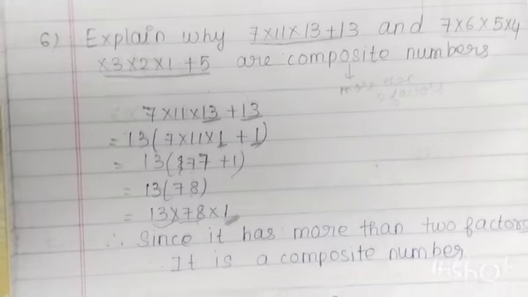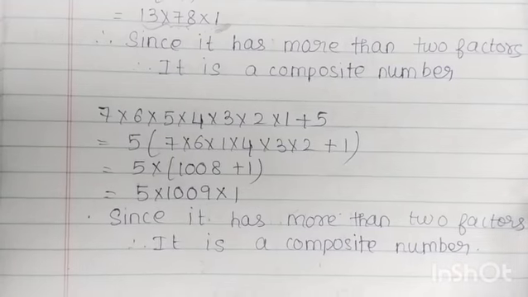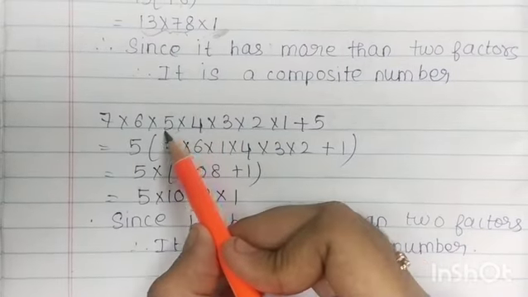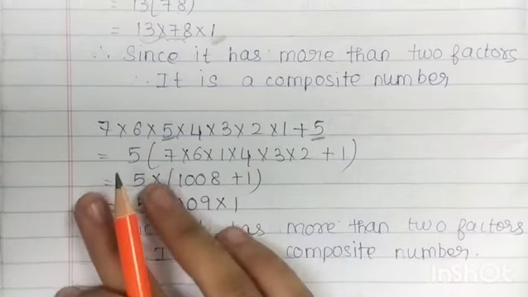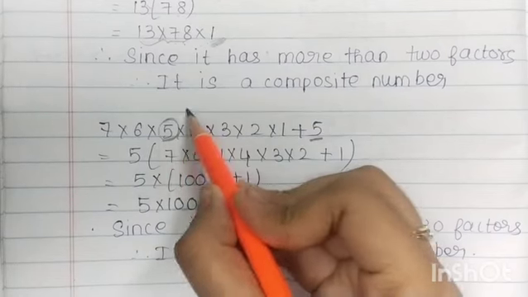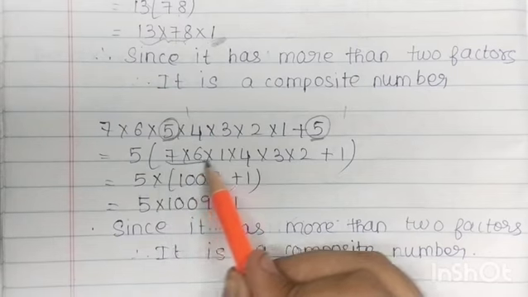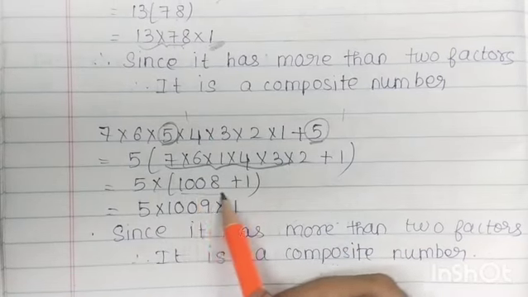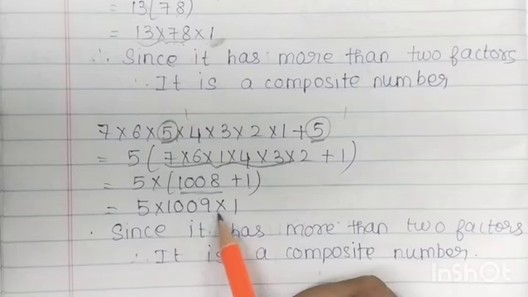Another number they have given in the question, where we have 5 as the common number. I'm removing the 5 out. If I remove 5 out, here I will replace it by 1, and here also 1, right? So I will multiply all these numbers and get this value, plus 1. If I add it, I'll be getting 1009.